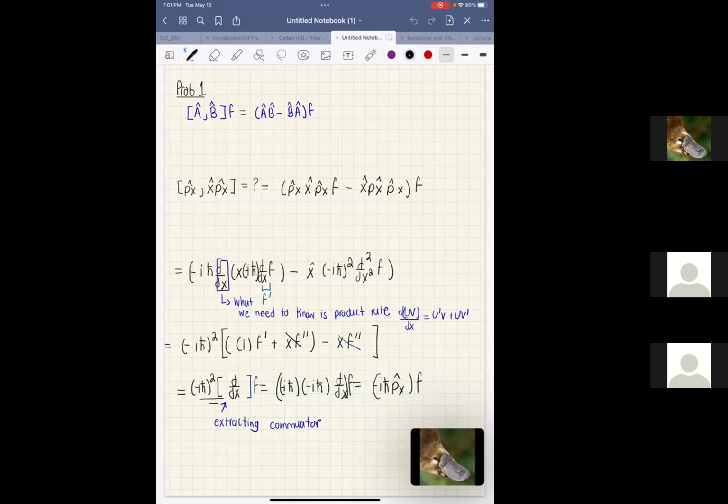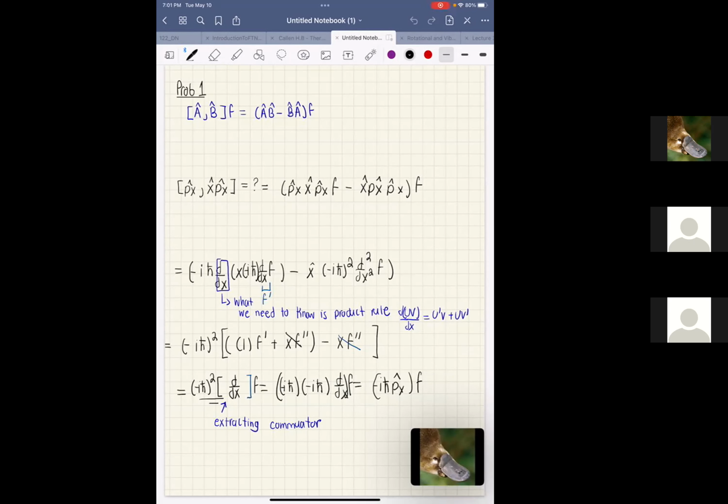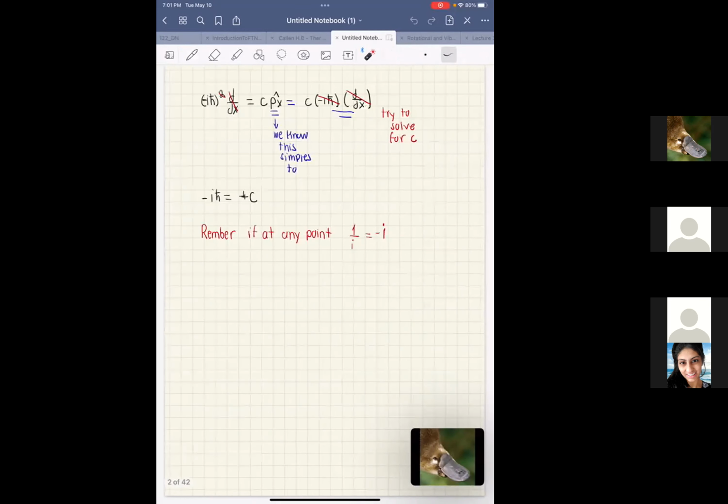Show the commutator of x and p, and give the commutator of momentum times x. So they basically want you to show that this is equal to this here, and they want you to find what C is.